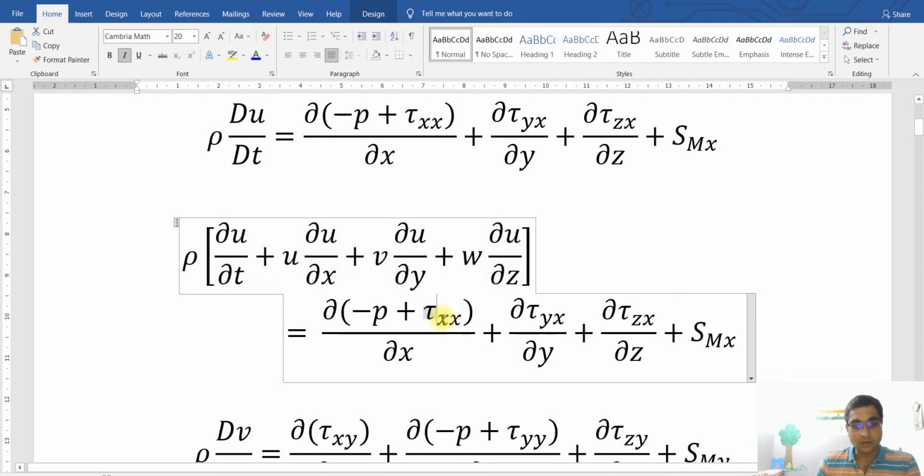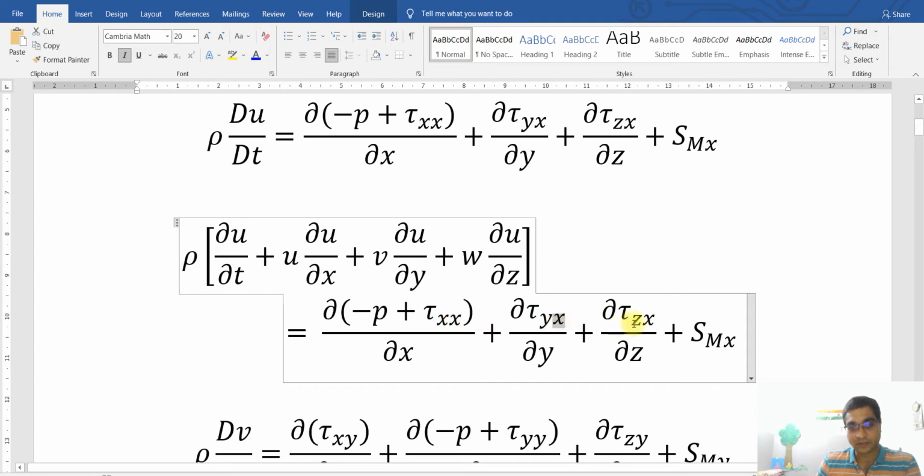What are tau xx, tau yx and tau zx? These are the shear stress in x plane in x direction, y plane in x direction, z plane in x direction. The direction is the same here.